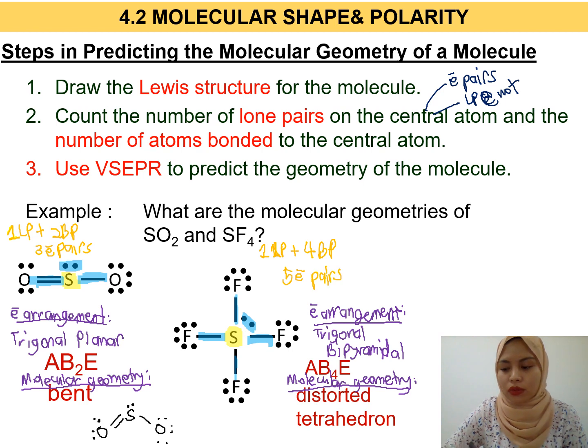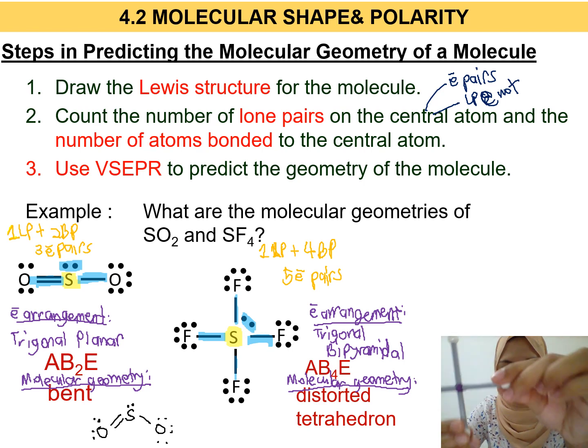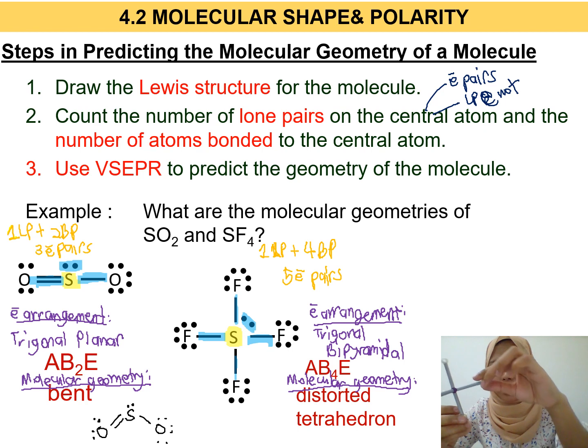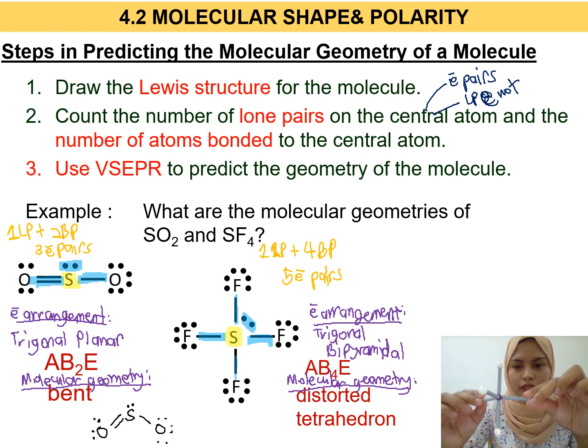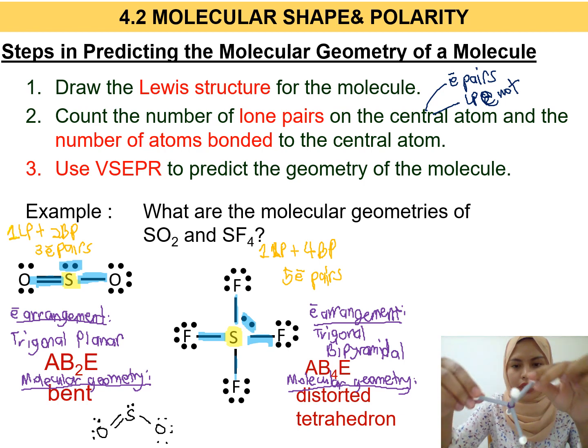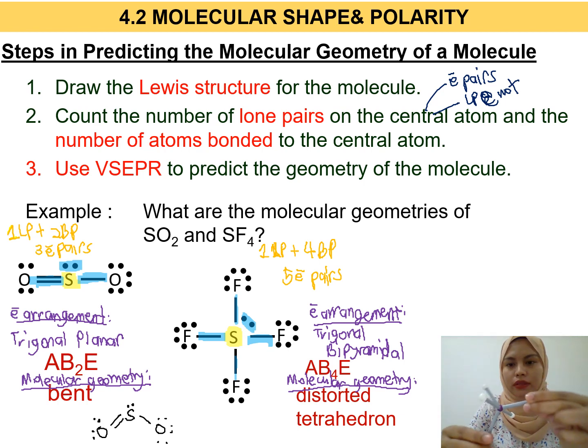Kalau let's say untuk molekul yang ada 5 electron pairs, that means the electrons of the molecule will be arranged in a trigonal bipyramidal. Okay, so this is how your trigonal bipyramidal will look like, di mana you ada 2 pyramid with a base of triangle. Okay, this is how your trigonal bipyramidal looks like.